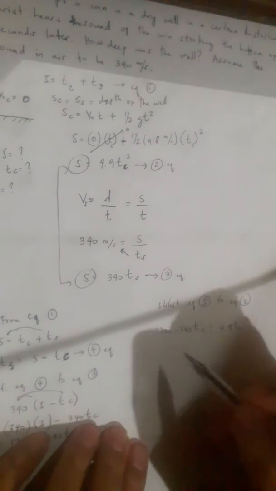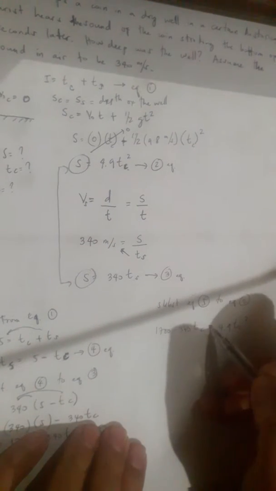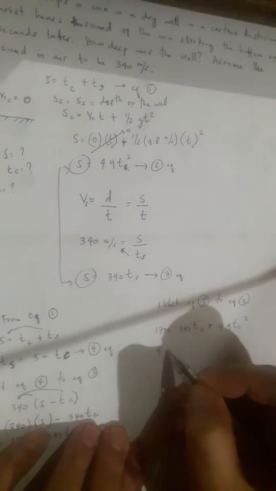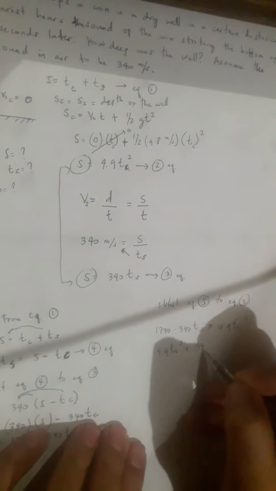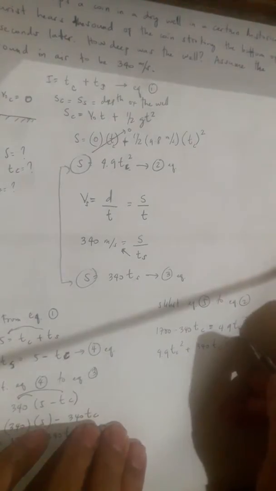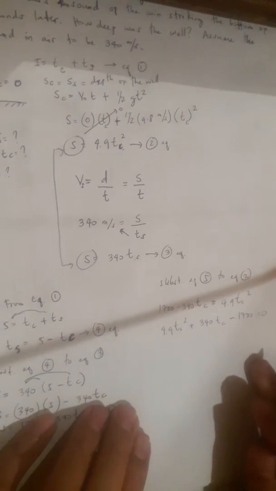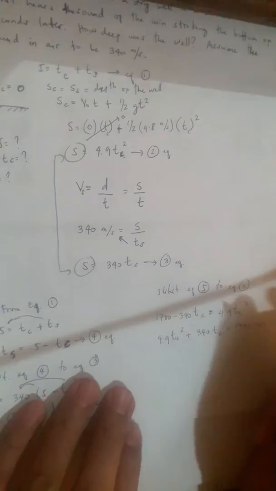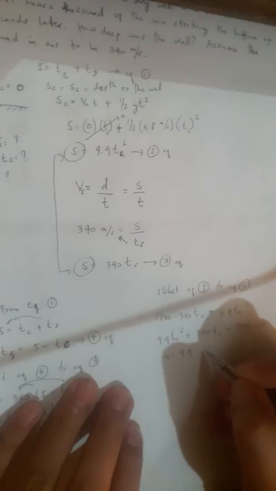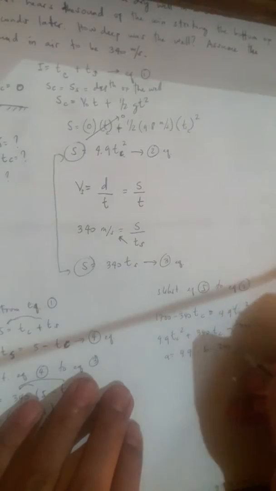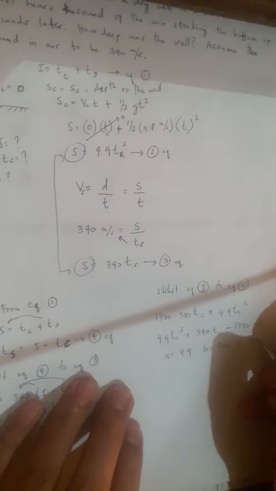Okay. So, this now becomes, i-transpose natin sa kabila such that yung TC squared siya yung positive. So, 4.9 TC squared plus 340 TC minus 1,700 equals 0. Gagamit tayo ngayon ng quadratic formula. Okay. Quadratic formula, so A equals 4.9, B is 340, and C is 1,700.